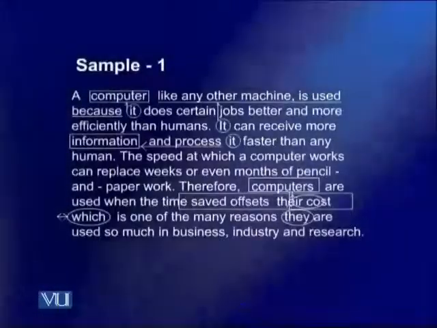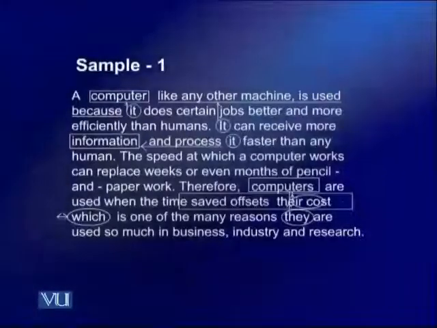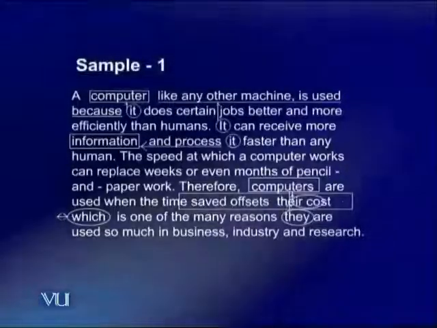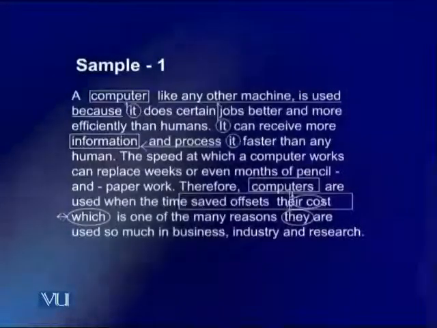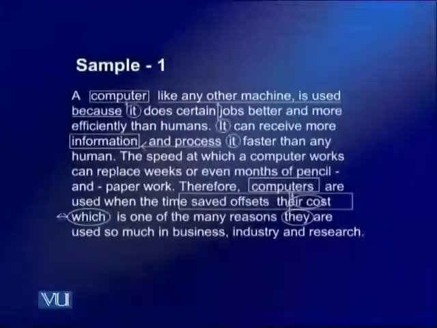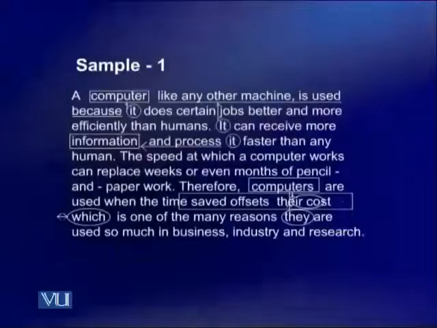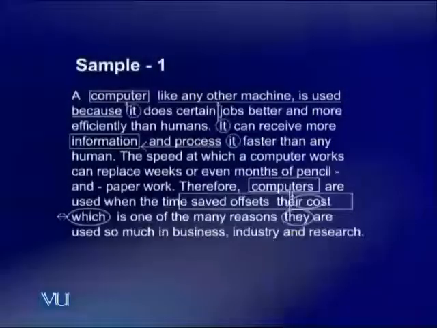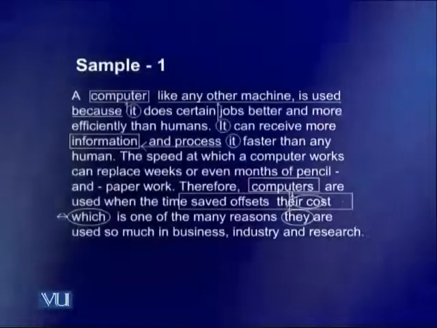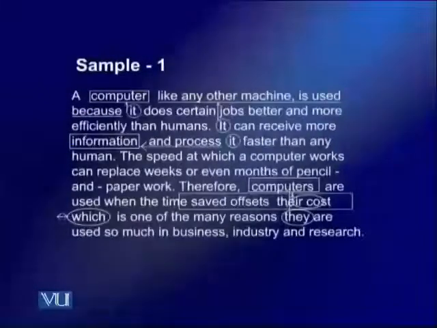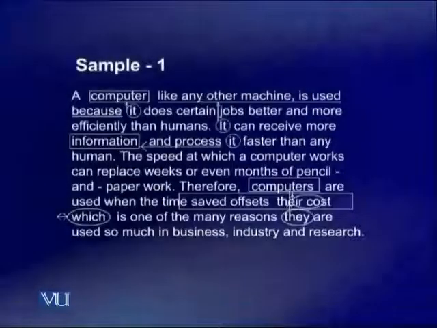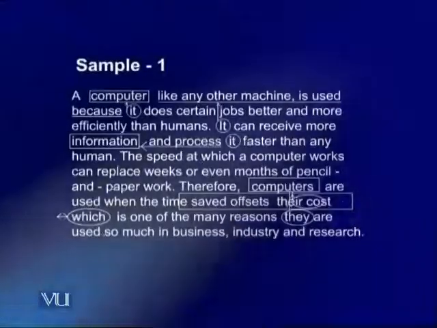Now the third it refers to the word information. The word there, it refers to computers. The fifth word which is circled is which, and which refers to the time saved offsets their cost. And the last circled word is they, and they refers back to computers.